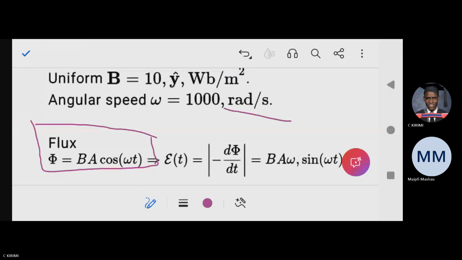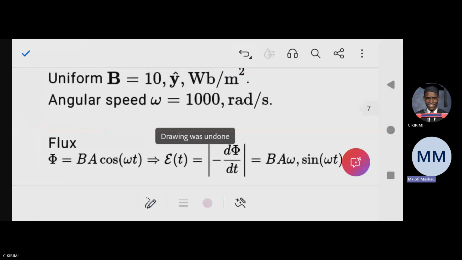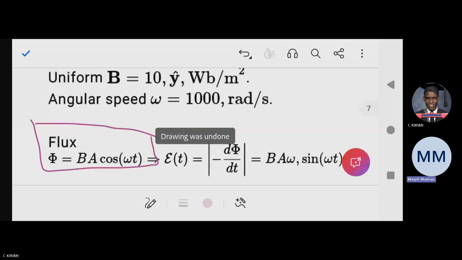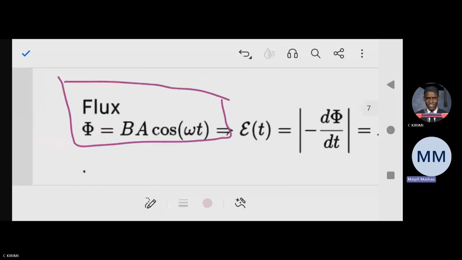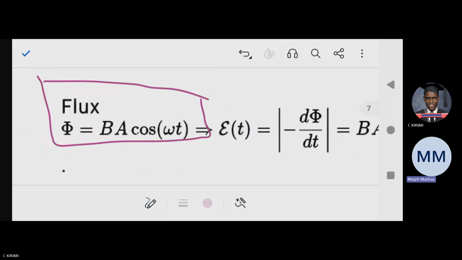Firstly, you would do the cos, which will change to sine, and then you differentiate the one inside the bracket. So it's going to be sine omega t multiplied by omega.